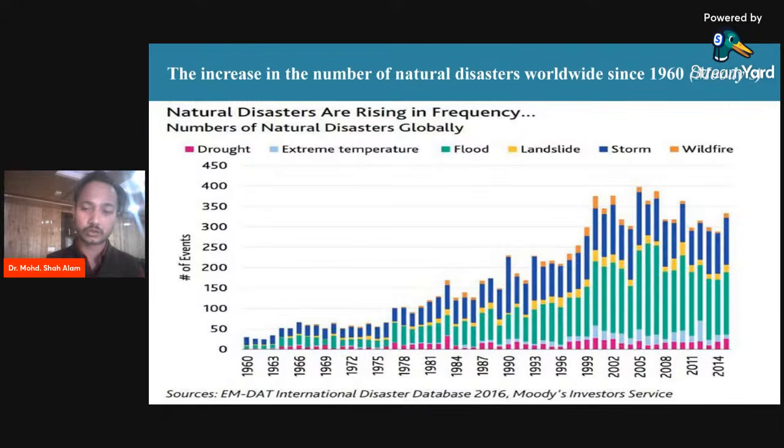Extreme drought, extreme storms, and wildfires have also been observed in the last 20 years. This graph shows the increasing number of natural disasters from 1960 to 2024.